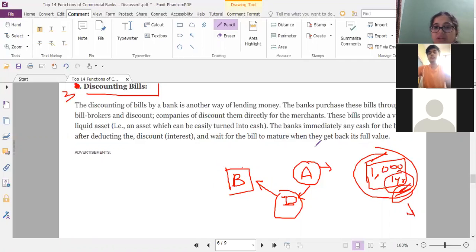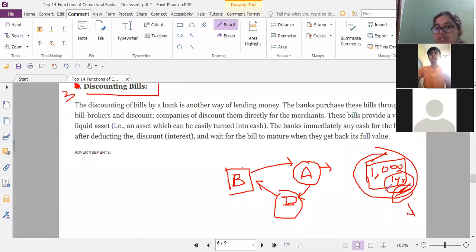Now you all must be wondering what the bank will do with this bill. So the bank will collect all these bills, and what the bank will do is approach the person A after 1 year.